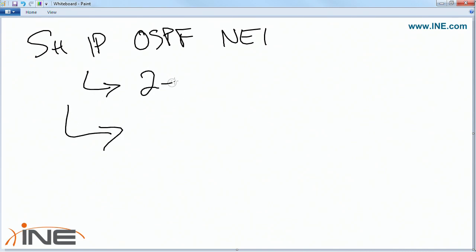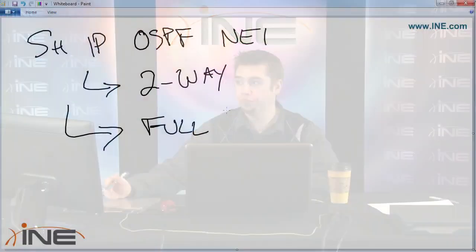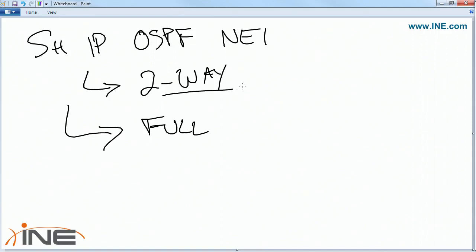You should see either two-way or full. Anything other than this means they're currently converging or there's something wrong. So if the network is already converged, either they're going to be in the full state, meaning they have the adjacency completely done, or they're in the two-way state because they don't need to form an adjacency.